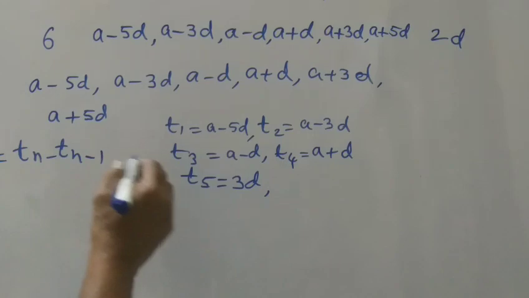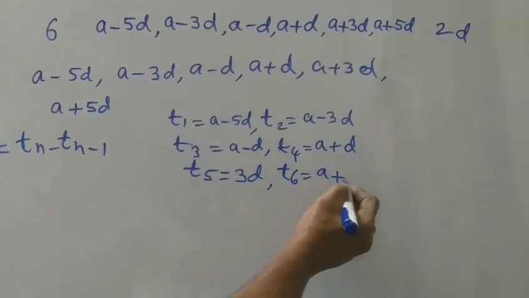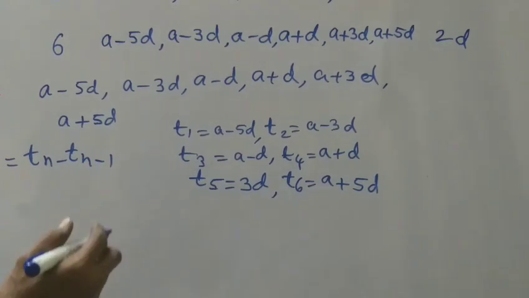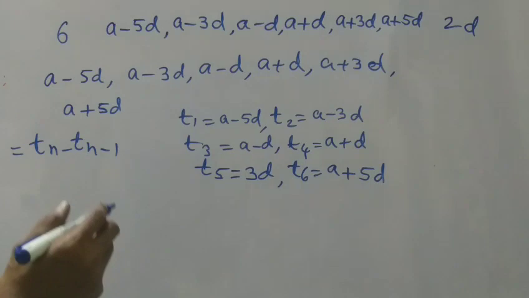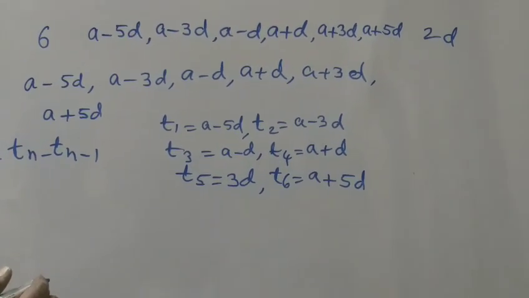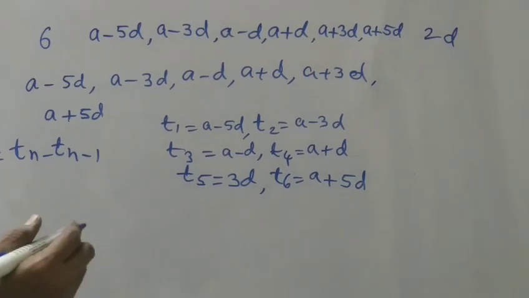And sixth term is equal to A plus 5d. Among these terms, you have to take any two terms. The difference, those terms' common difference is 2d. We have to confirm now.